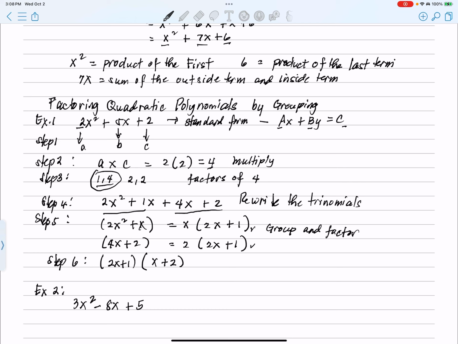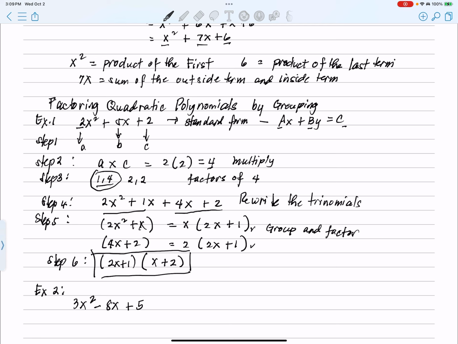You have no problem with the sign here because our polynomials given are all positive. 2x squared plus 5x plus 2. So this is now the final answer.